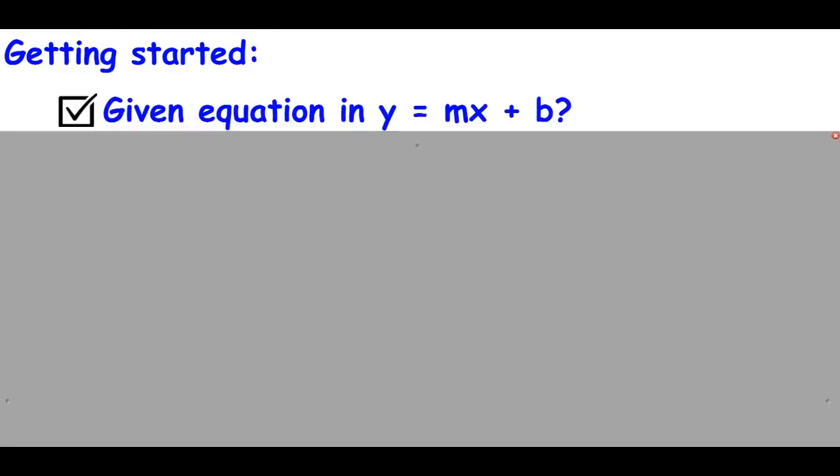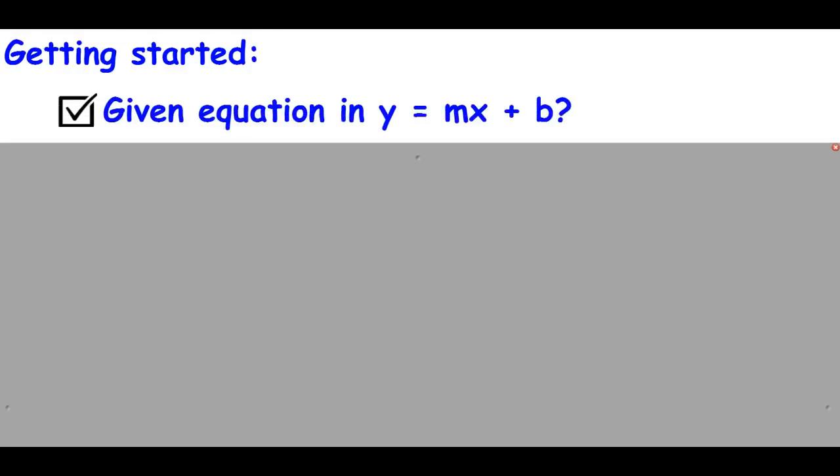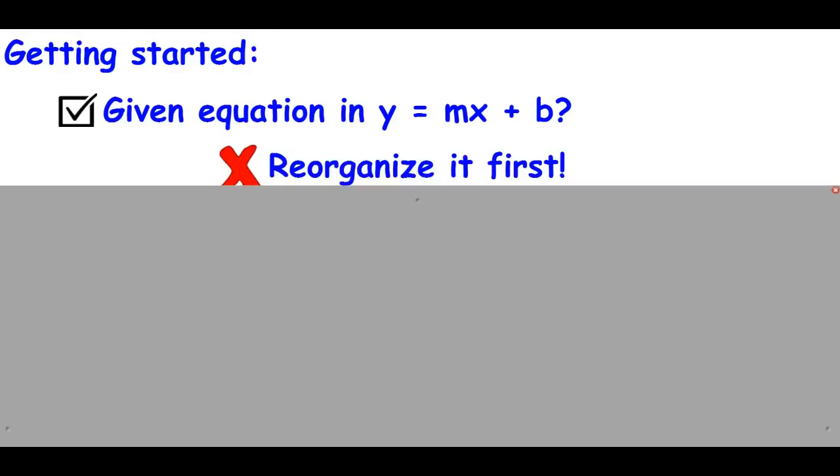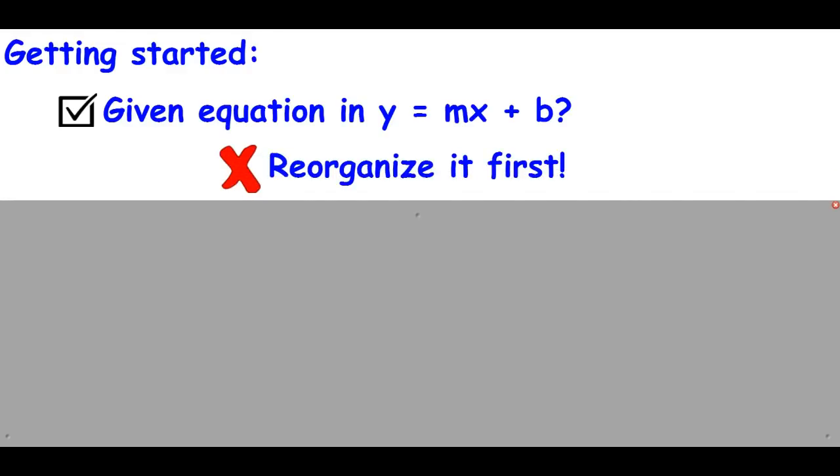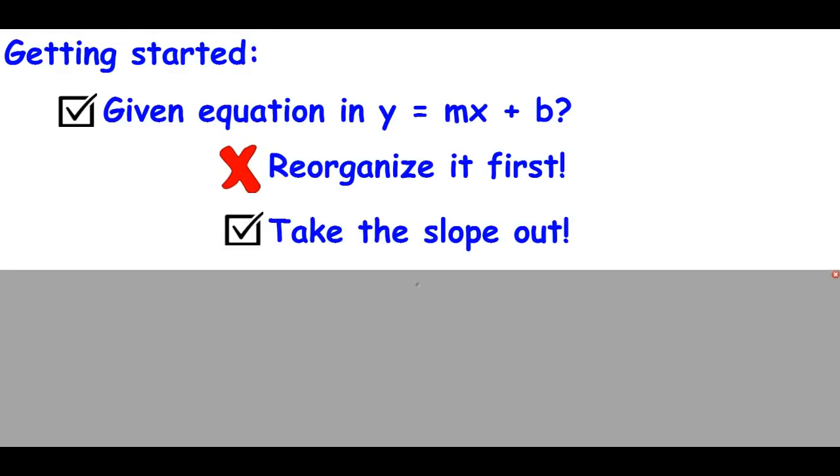So when you are creating these equations, the question is: is the given equation in y equals mx plus b form? Recognize that. If it's not, reorganize it. If it is, take the slope out.